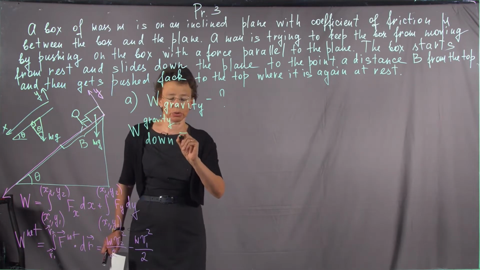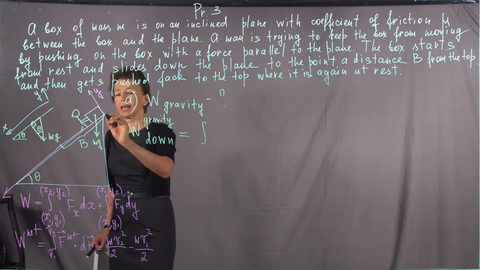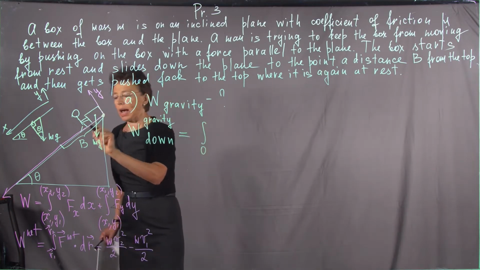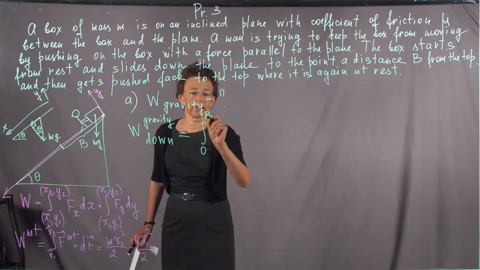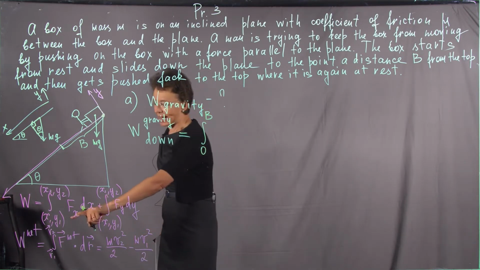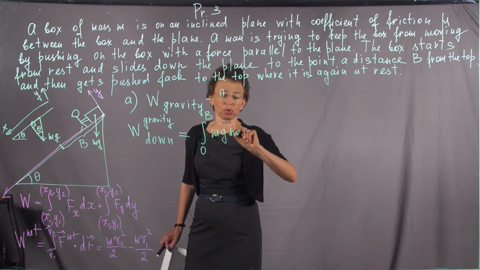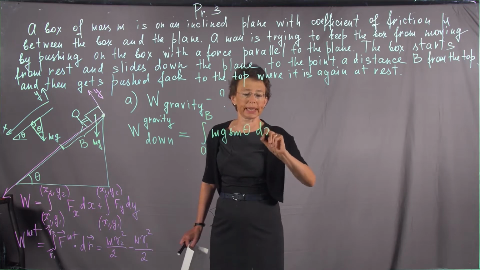So I'm ready to write this integral. Where do I start? I start at x0. I go to x, which is equal to b. Projection of gravity F sub x is positive with my choice of coordinate system. It is mg sine theta dx.